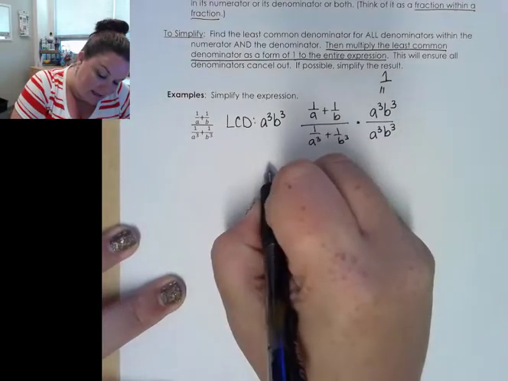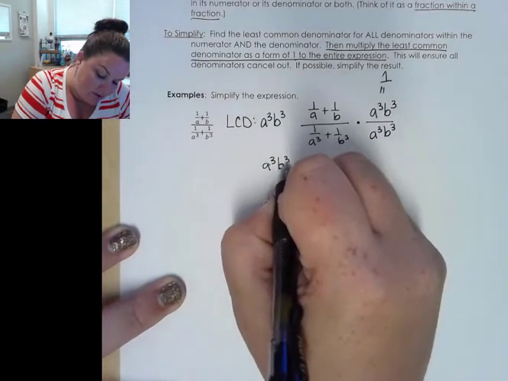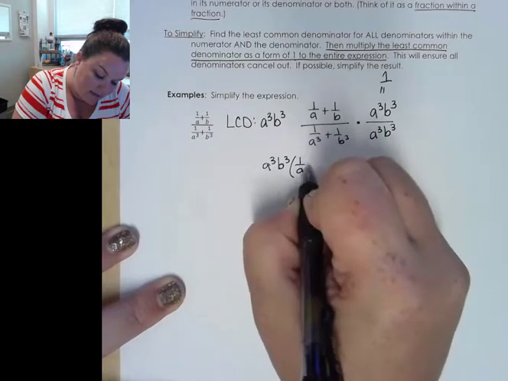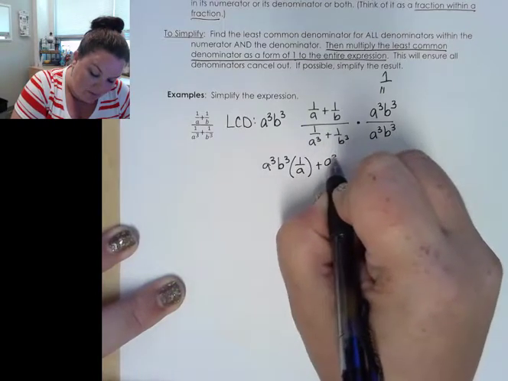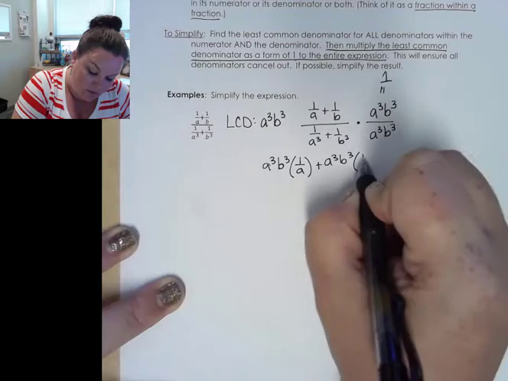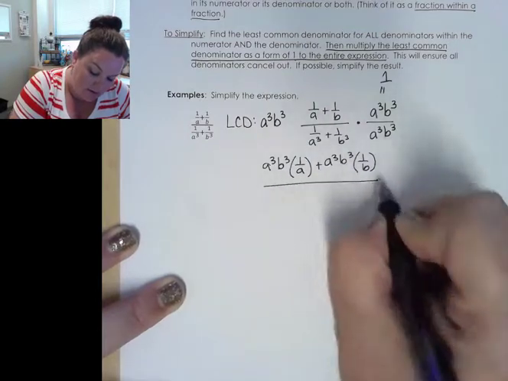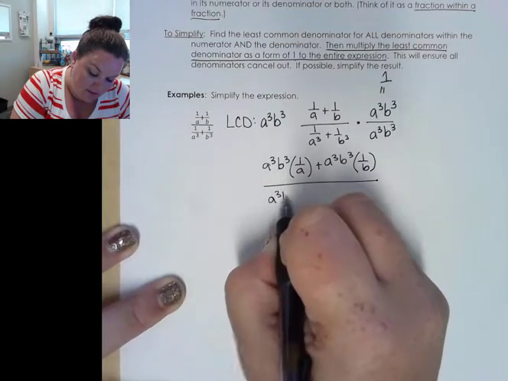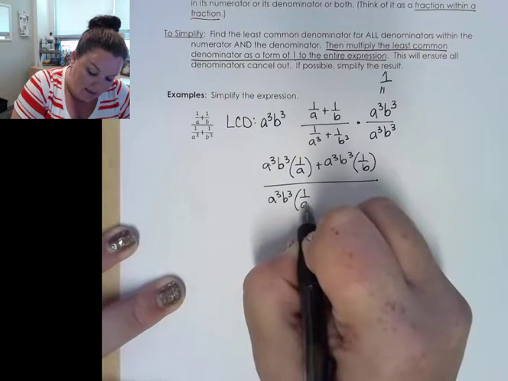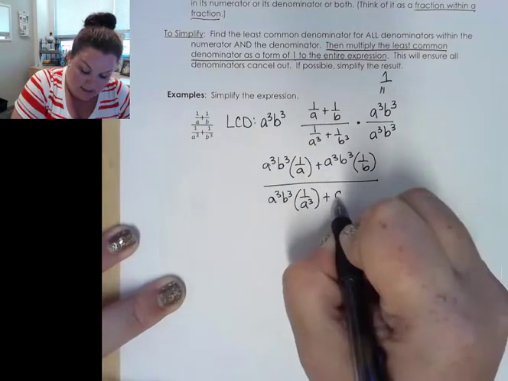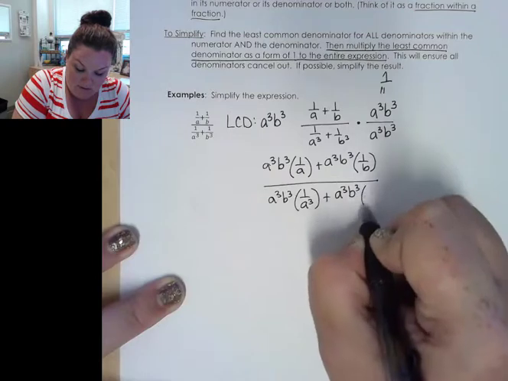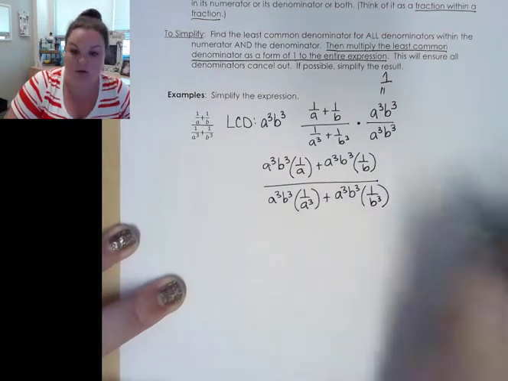So it's like saying I have A cubed B cubed times 1 over A plus A cubed B cubed times 1 over B, all over A cubed B cubed times 1 over A cubed plus A cubed B cubed times 1 over B cubed, right?